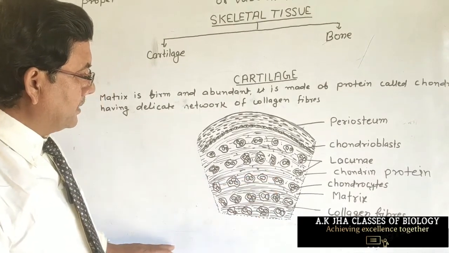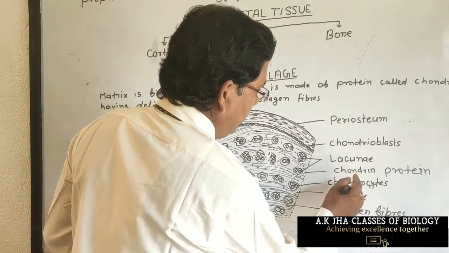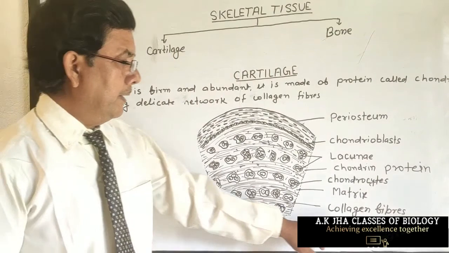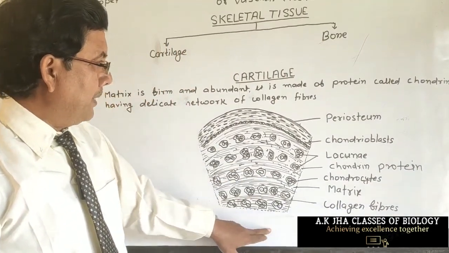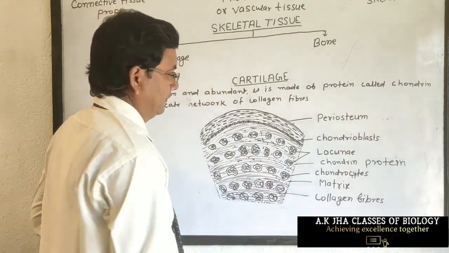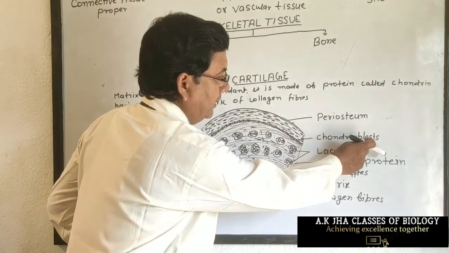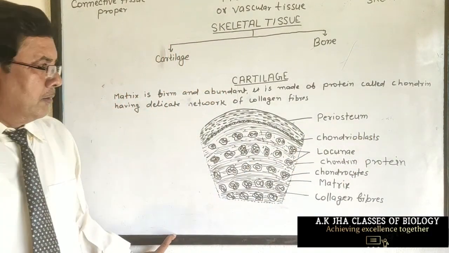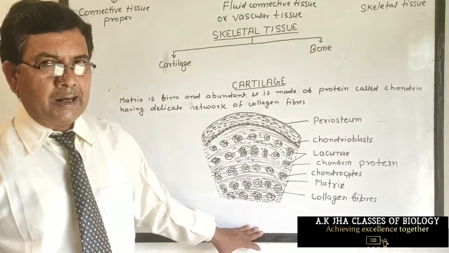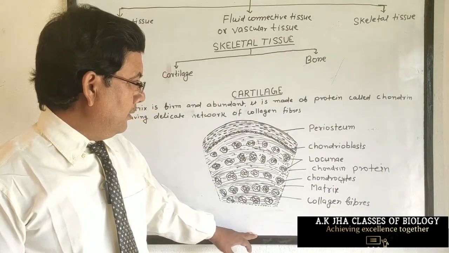In the matrix of cartilage, the protein present is called chondrin protein, and it contains collagen fibers, that is elastic fibers. Here we see the outermost layer, the perichondrium, and next to it there are the cartilage forming cells called chondroblasts, and below the chondroblasts the cells of cartilage are present in fluid-filled spaces called lacunae.